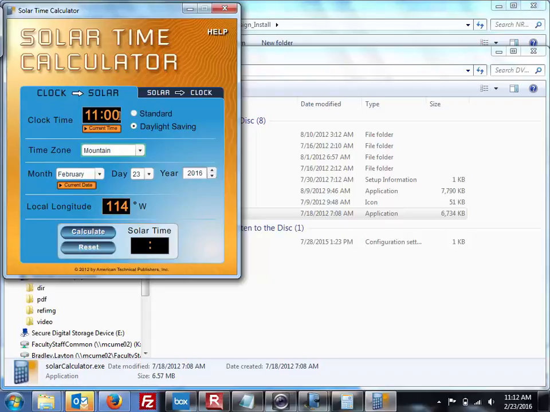Oh, look at this. We can calculate the solar time. That's pretty far off, isn't it? Let's see, if we go to standard, calculate, 10:22, 40 minutes.